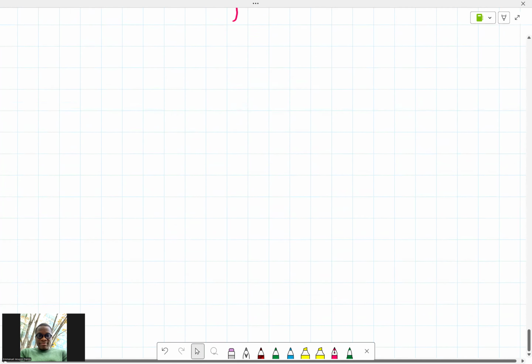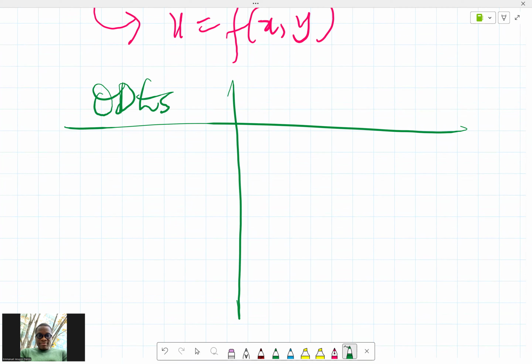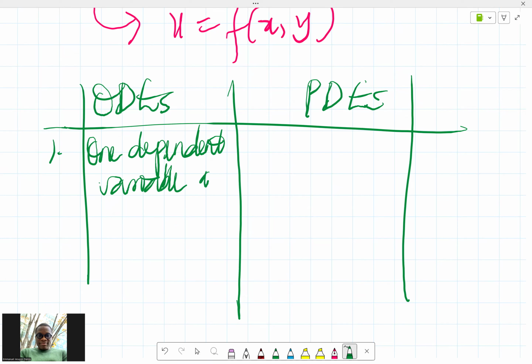Generally speaking, if I have to make a table, we have ordinary differential equations and partial differential equations, and we want to compare them. The first thing is the variables. For ordinary differential equations, we have one dependent variable and one independent variable.